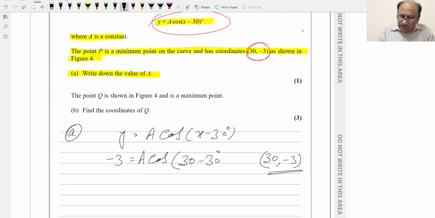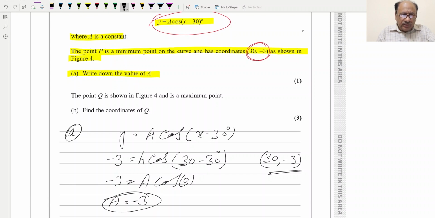So we replaced the x value, so this will be A cos 0, and cos 0 is 1, so the A value will be equal to -3. So we got the A value as -3. This was only a 1 mark question which we have done.